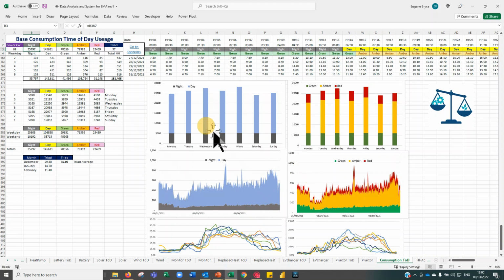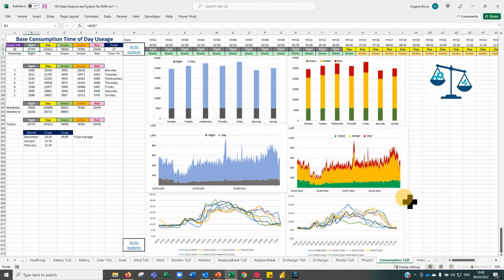And below, that's across a week, so we can see if any weekday is slightly more energy intensive than any other weekday. And this is across the year, night and day. And finally, we have a week in December and a week in July, just to look at the differences.